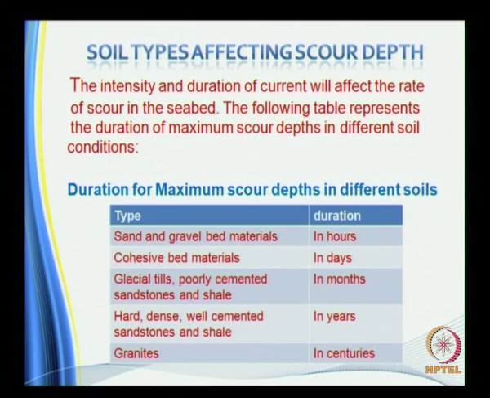Some of the scour depths which are used are local scour depth and ultimate scour depth. The ultimate scour depth is the depth beyond which it is almost like a steady state once you reach it. Some of this information can be had from a number of references. I am not going to discuss all those details.